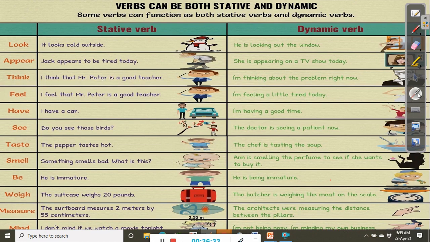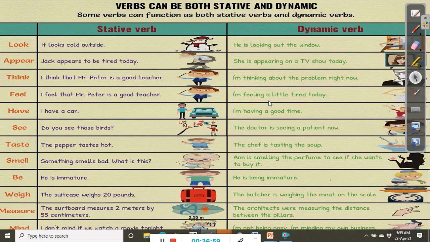So those are specific examples of stative verbs that can also be used as dynamic verbs. But we note that not all stative verbs can be used as dynamic verbs. We already looked at examples like love.